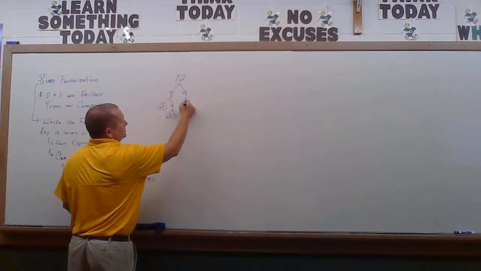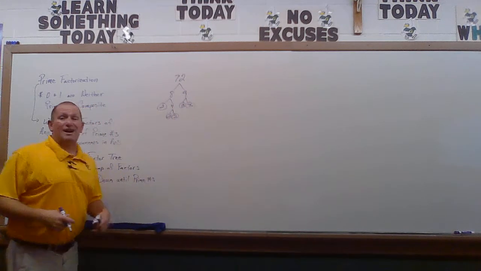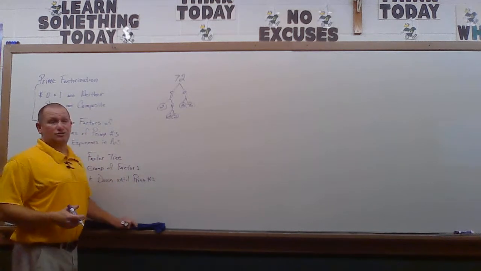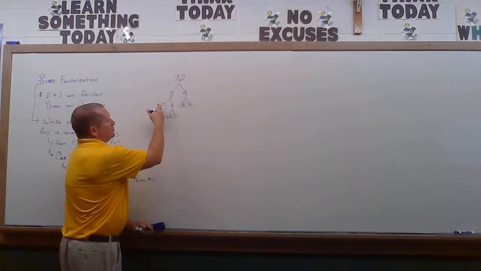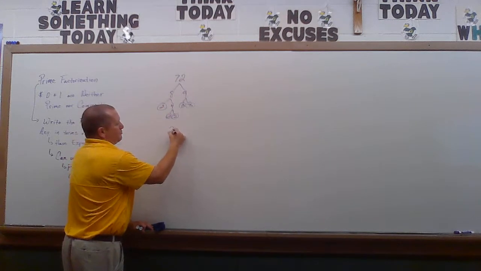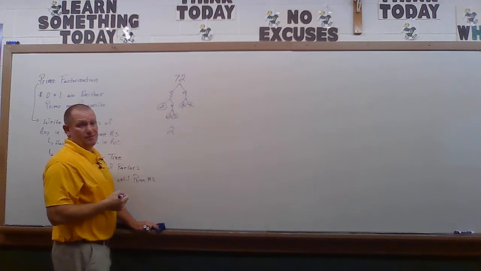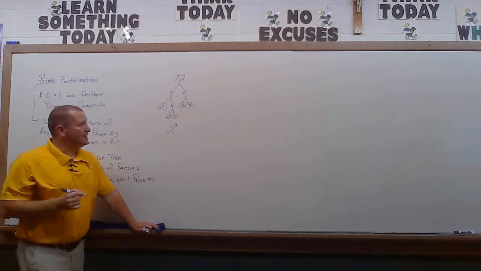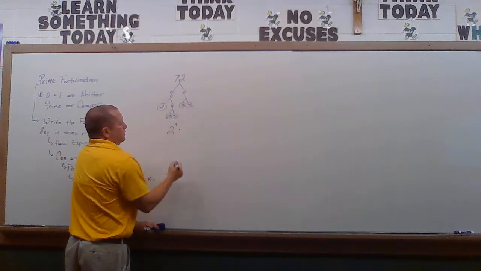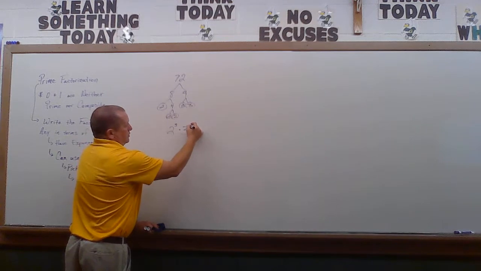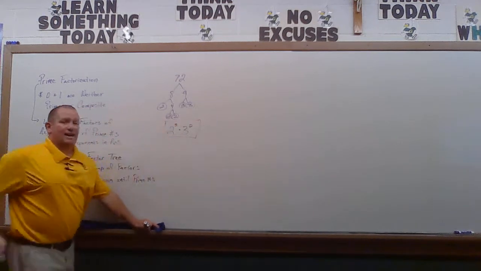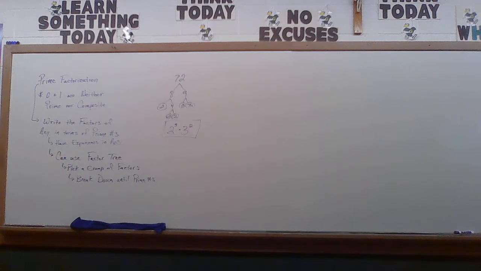Now, can I break down 3s? No. So whatever's left over is going to be my prime factorization. So I have 2 as my base, but how many 2s do I have? 3. So my 3 is my exponent, times 3 to the second. And that is my prime factorization.